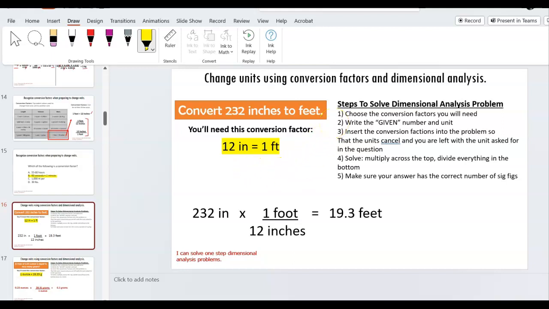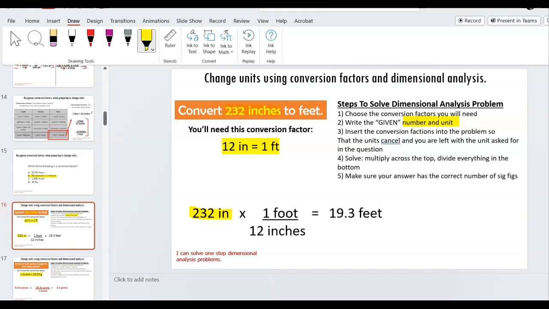Step 2 is to write what is given, and typically there's only one number given in this type of problem, especially the beginning ones. And so we only have 232 inches, and so that's our given, that's what we start with. And it's really important to write the number and the unit, because if you don't write the unit, then you won't know how to plug in your conversion factor, and then the whole problem could be wrong, especially down the road.